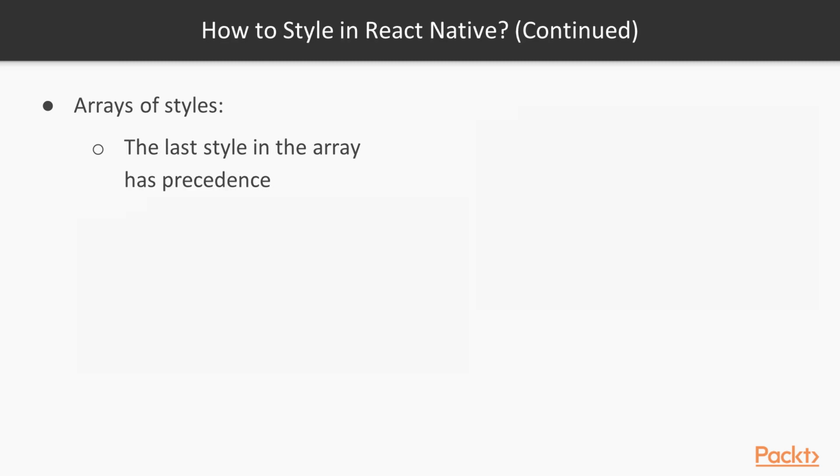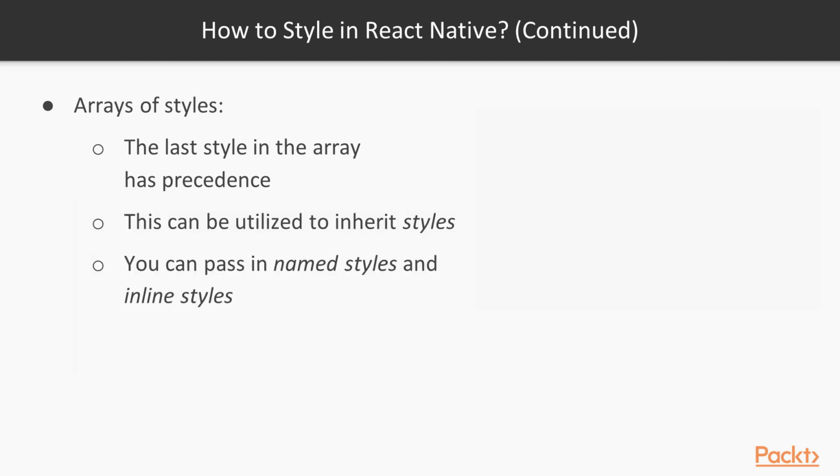Let's move on to array of styles. Within the style prop, you can pass in an array of styles. The last style in the array has precedence, so this can be utilized to inherit styles. You can pass in inline styles or named styles, and this is an excellent pattern to utilize for conditional logic. This can be done without an array, but applying multiple styles instance can be useful.